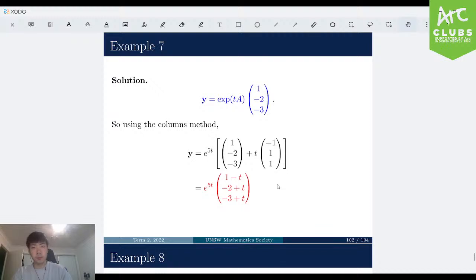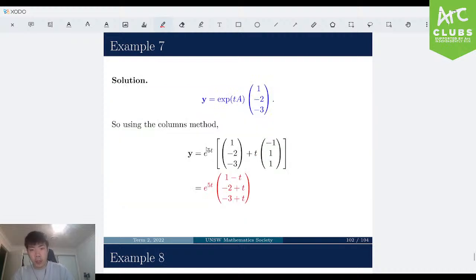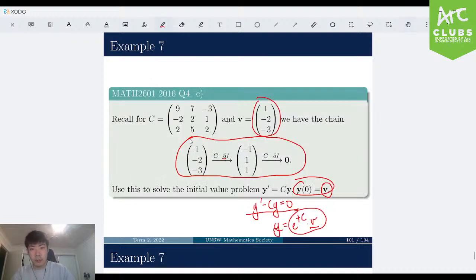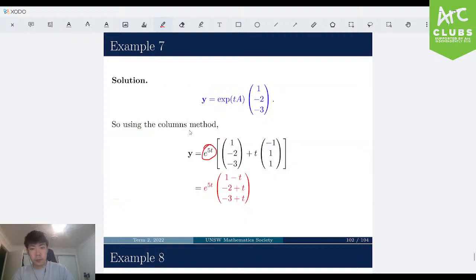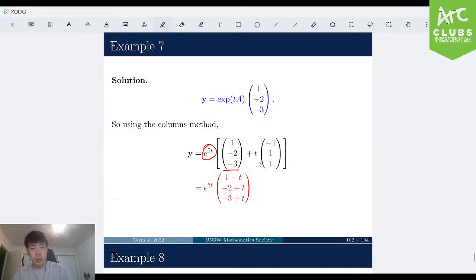Okay, so just applying our theorem, since this vector here corresponds to eigenvalue 5, we have e to the power of 5t. And then inside the brackets, we will have the first generalized eigenvector here, plus t times the second generalized eigenvector here.